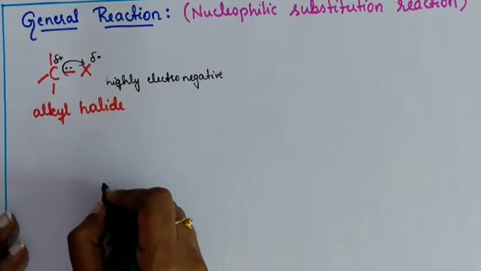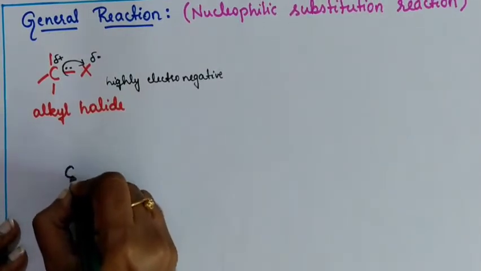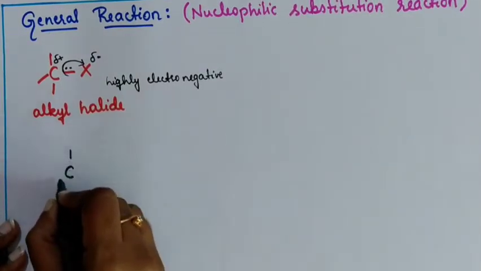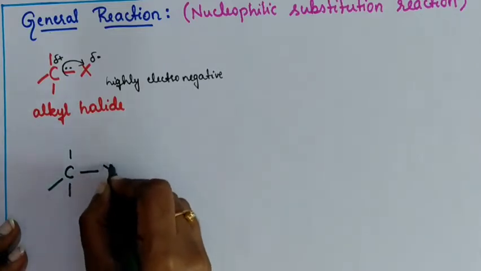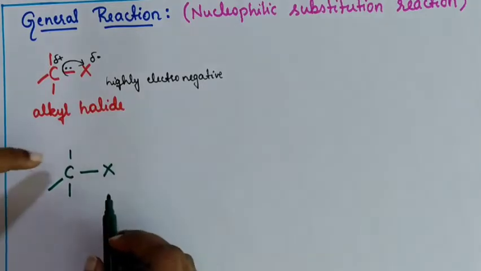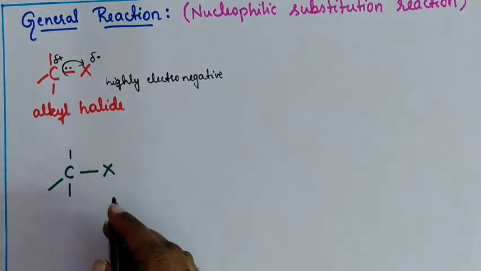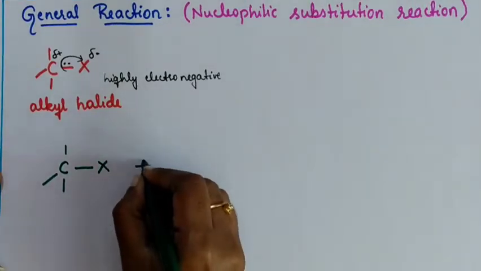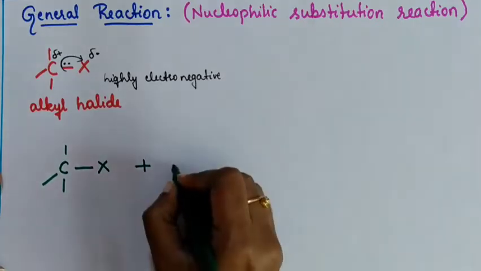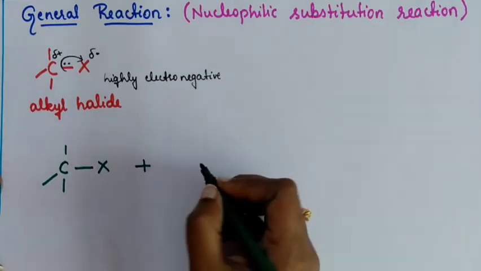We have an alkyl halide. Let me write the alkyl halide. Carbon valency is 4, so it is going to have 4 bonds, in which one of the bonds is with the halogen. The remaining 3 bonds can be with hydrogen or with some other alkyl groups. And when this alkyl halide reacts with a nucleophile, how do we represent the nucleophile generally?